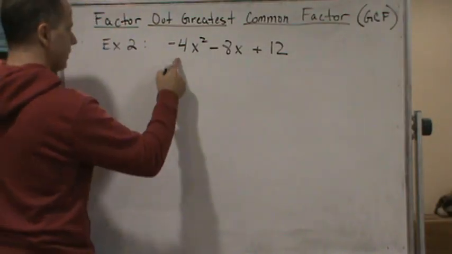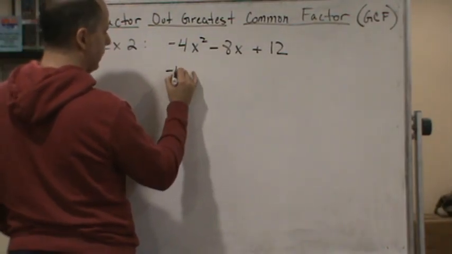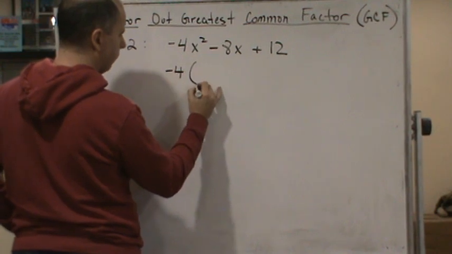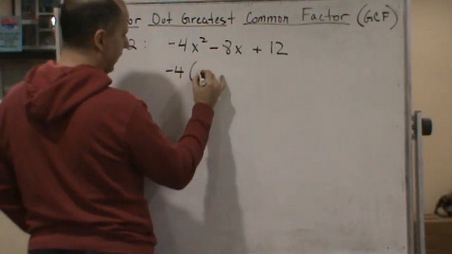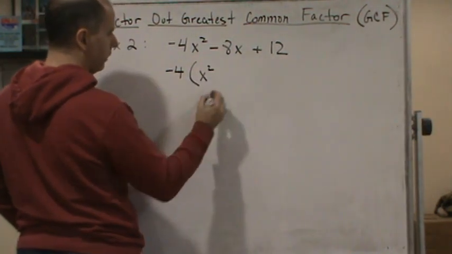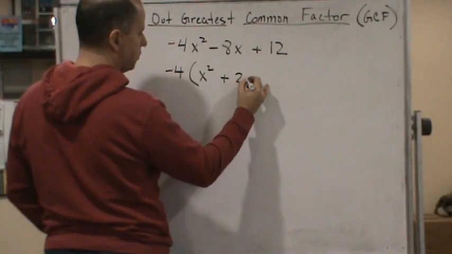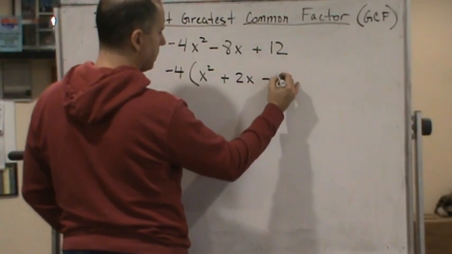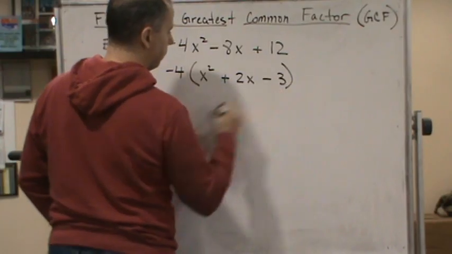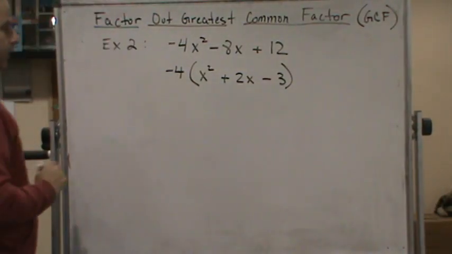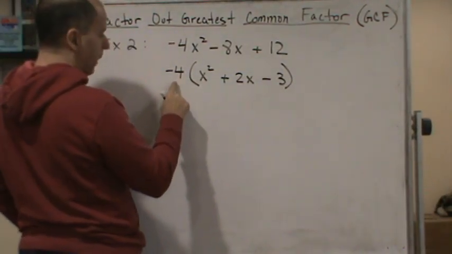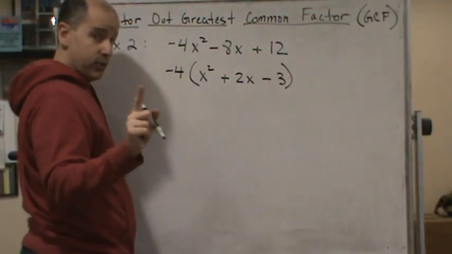So I'm going to factor out a negative 4. And what's left over? Well, I get x squared plus 2x minus 3, okay? And again, use the distributive property to verify your answer. Always double check.